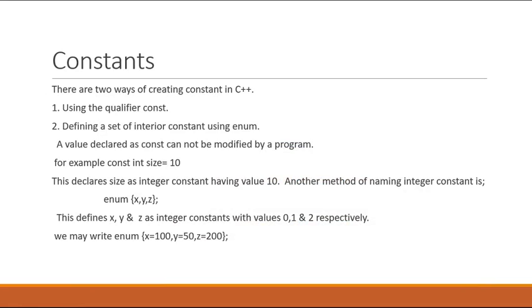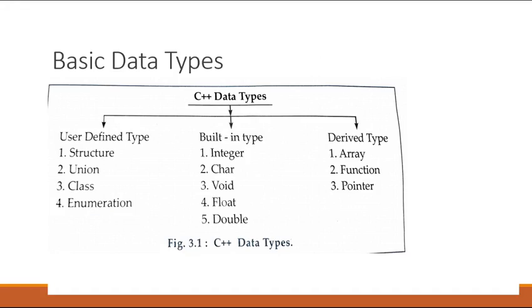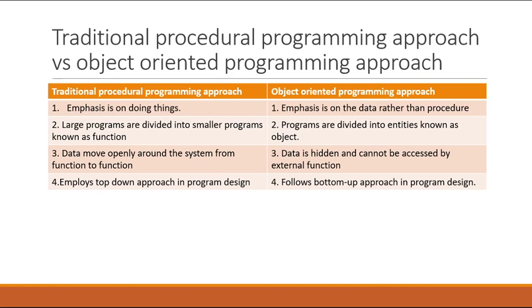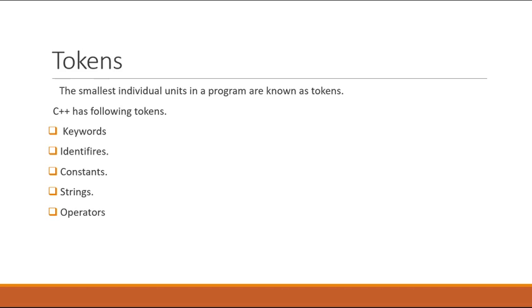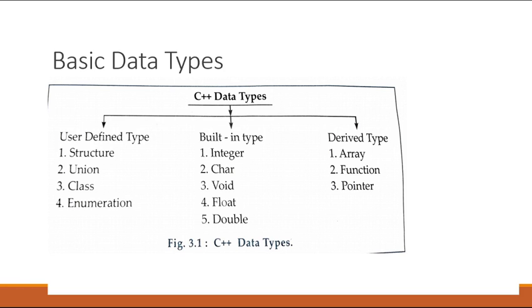In this video, we see about our missing part, that is the constants. In the last video we saw what tokens are, what strings are, identifiers, keywords, and some basic data types.